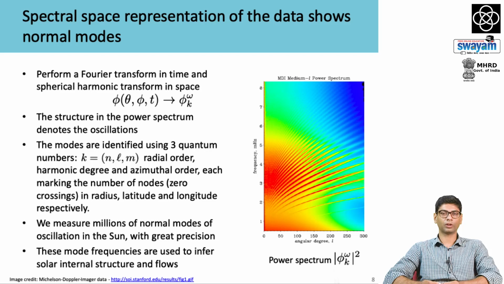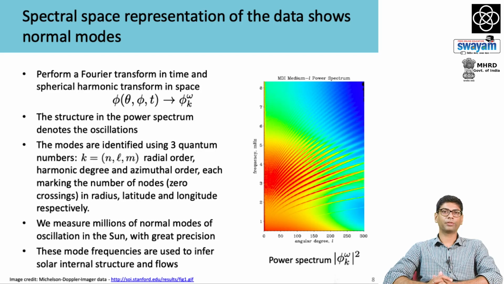This is a most critical quantity, this Fourier space quantity, used to create many products and to do the analysis of modes and so on. These modes are then classified using three quantum numbers, n, L and M. n is radial order, L is spherical harmonic degree, and M is azimuthal order.